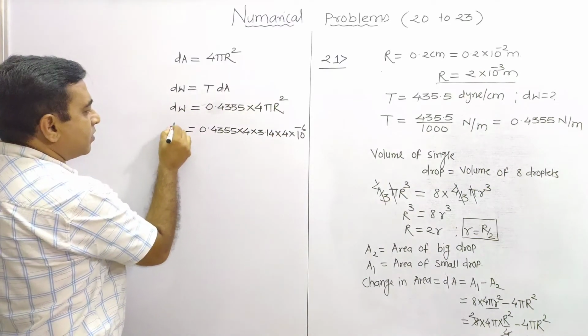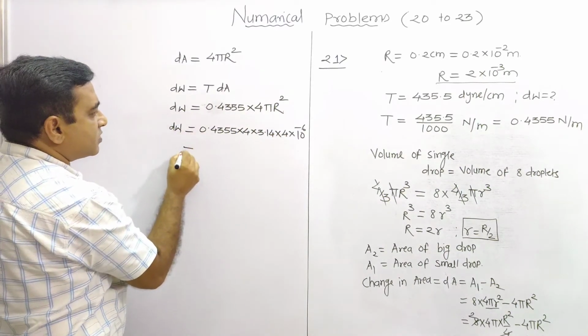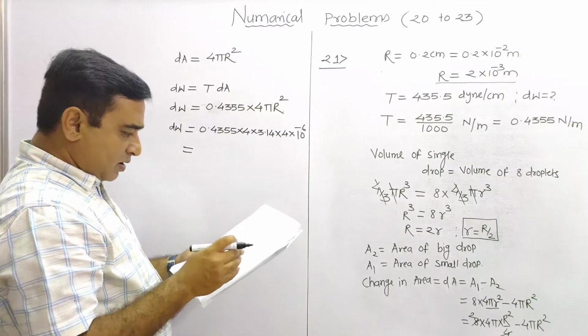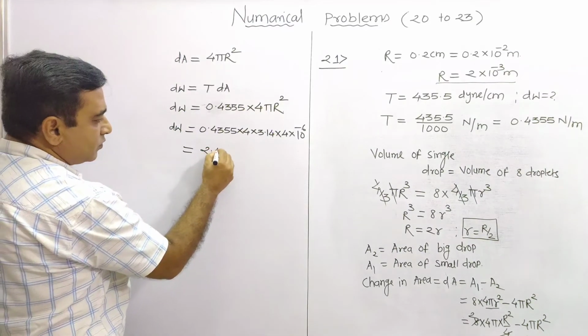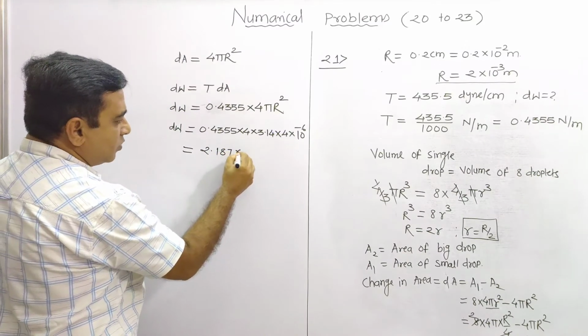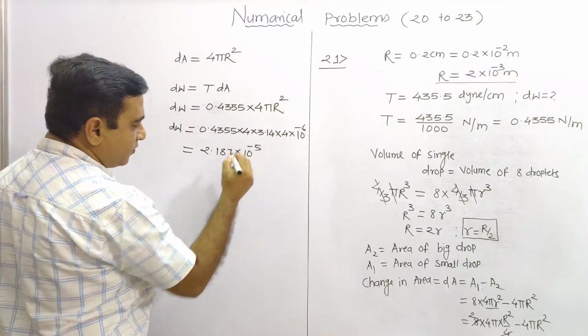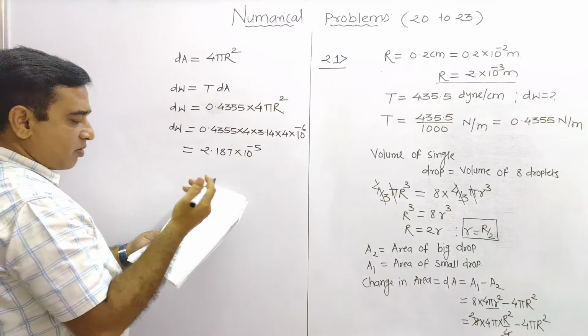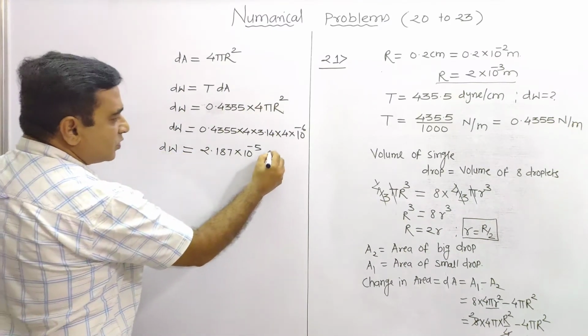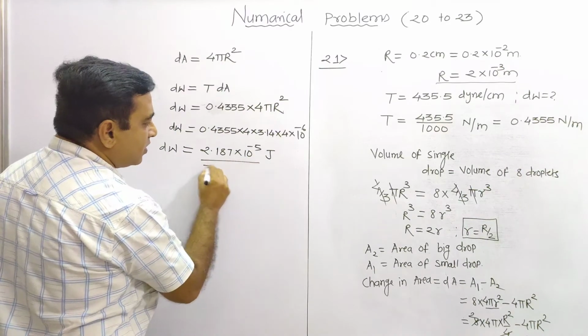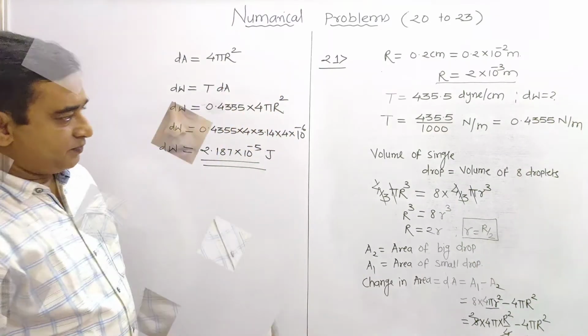After solving this, we will get the answer, that is 2.187 into 10 raised to power minus 5. Here it is 2 into 10 raised to power minus 5. And work is measured in joule. So this is your answer for the 21.